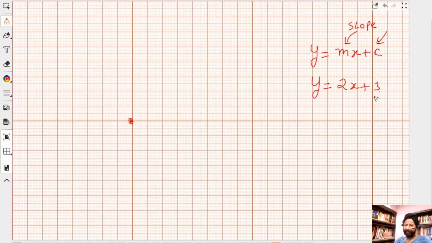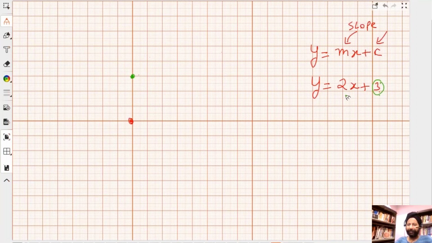What does that mean? First of all, you look at 3 here. This number 3 tells me that the graph is going to cut the y-axis at point 3. See, this 3 is this 3. 1, 2, 3. The line will go through this point, somehow like this, but it is going to cross that point. This is what it means.